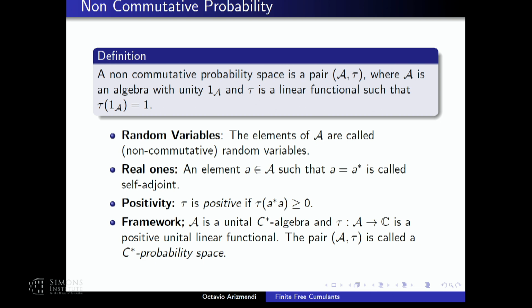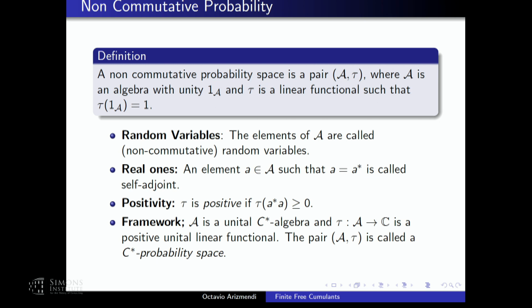So we will typically have some further structure, meaning that we will have an adjoint, and we will talk about positivity, meaning that an element will be positive if it can be written as A star A, and the functional will be positive if it sends positive things to positive numbers.